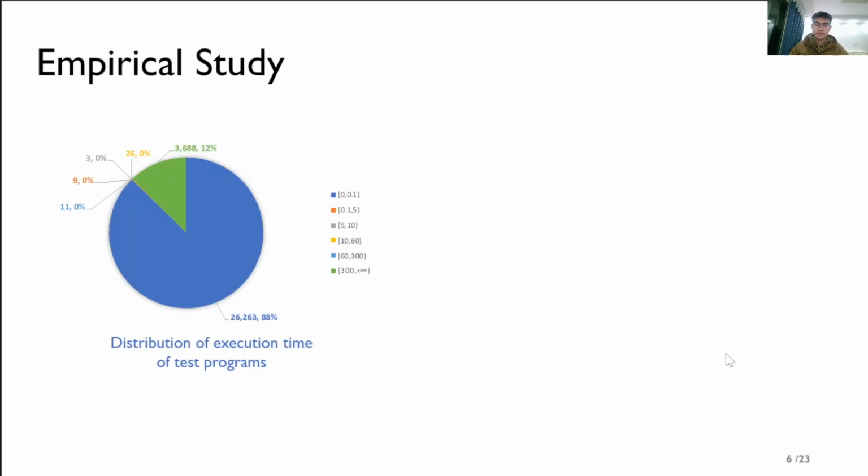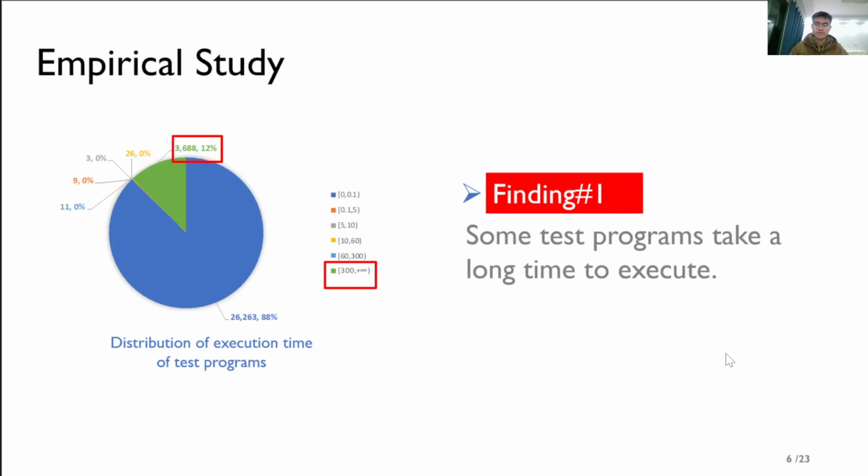This figure shows the distribution of execution time. We can observe that although 88% of test programs execute in less than 0.1 seconds, 12% of test programs take longer than 300 seconds to execute.